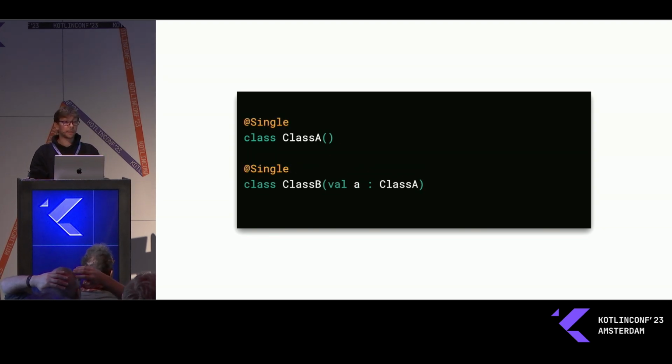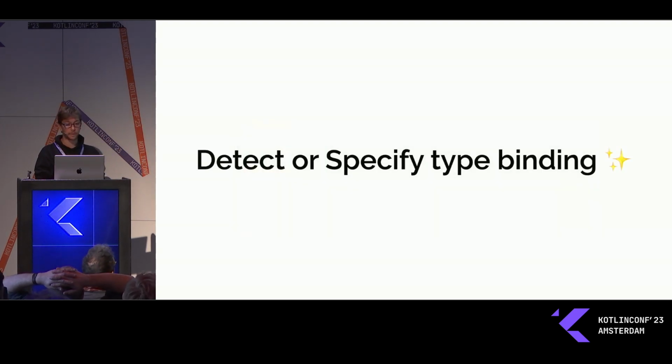If we add an annotation and we keep the semantic, then we add @Single on it to have our singleton. And that's it. Koin will start and know that those dependencies exist, and then we are running. And there is no introspection on your code, nothing at runtime to impact you.